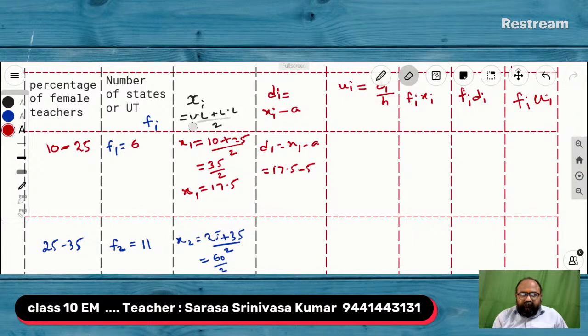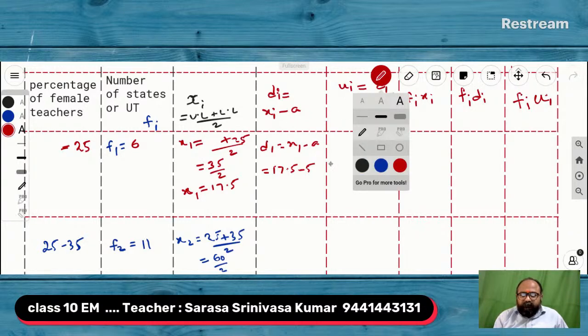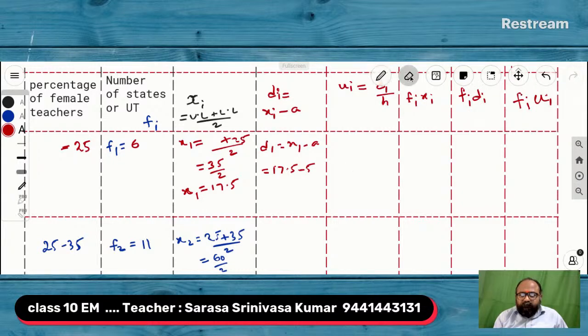No, the first class interval is 15 to 25. It is a mistake. The first class interval is 15 to 25. So x1 equals 15 plus 25 by 2, 40 by 2.